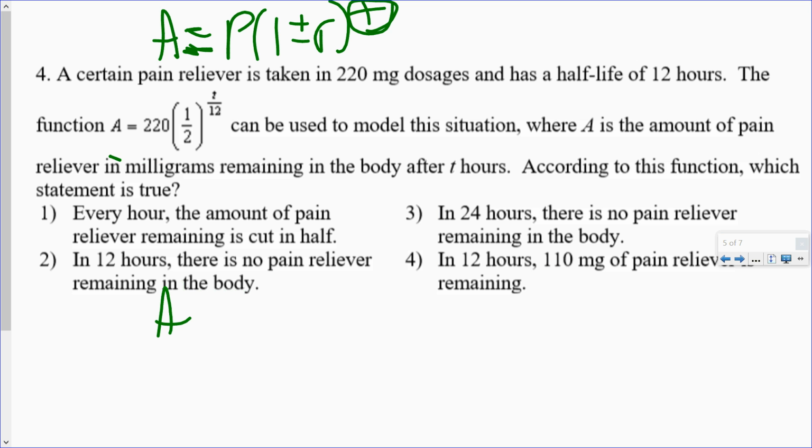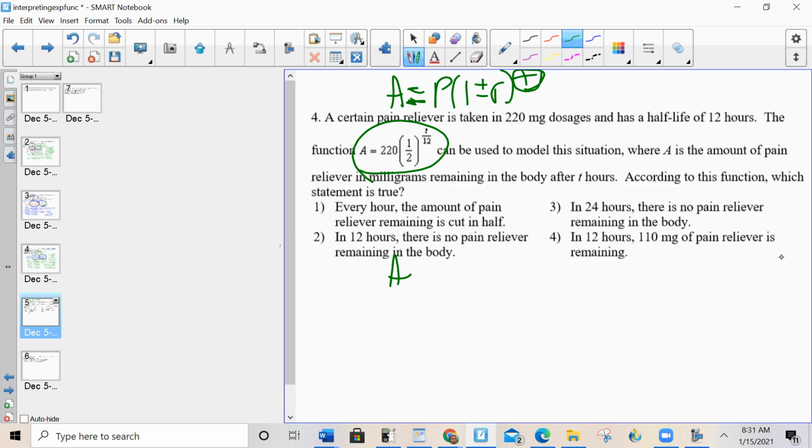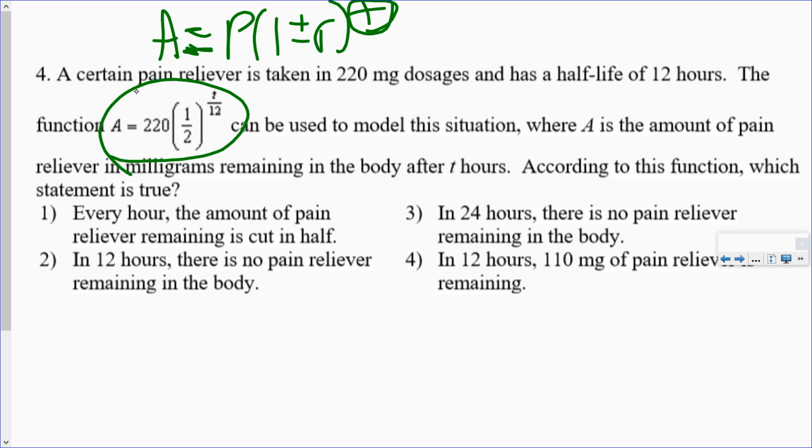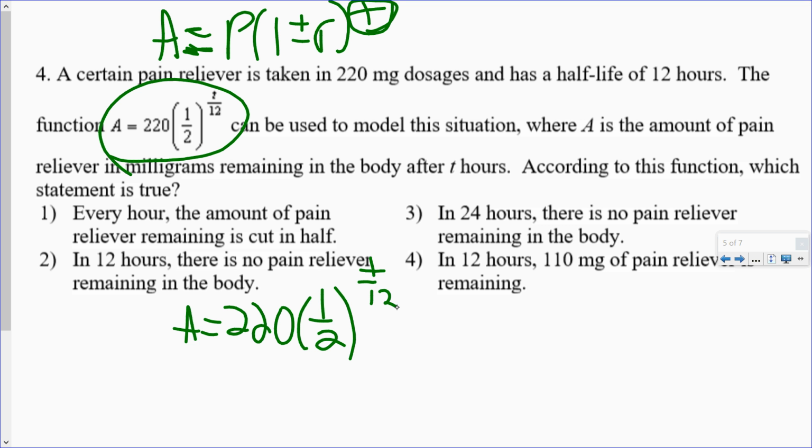So I'm just going to write it here so there's more space to deal with it. If I want there to be just a t, I need to absorb whatever's in the exponent into the parentheses. So right now there's a 1/12. So I'm going to absorb that 1/12 power into the parentheses.